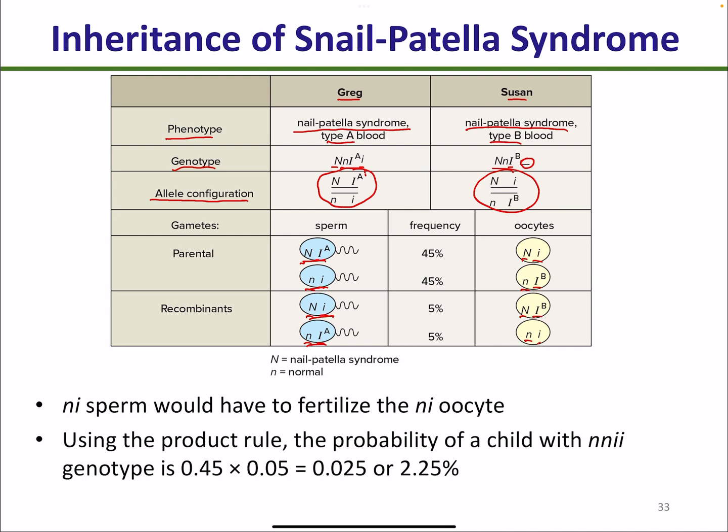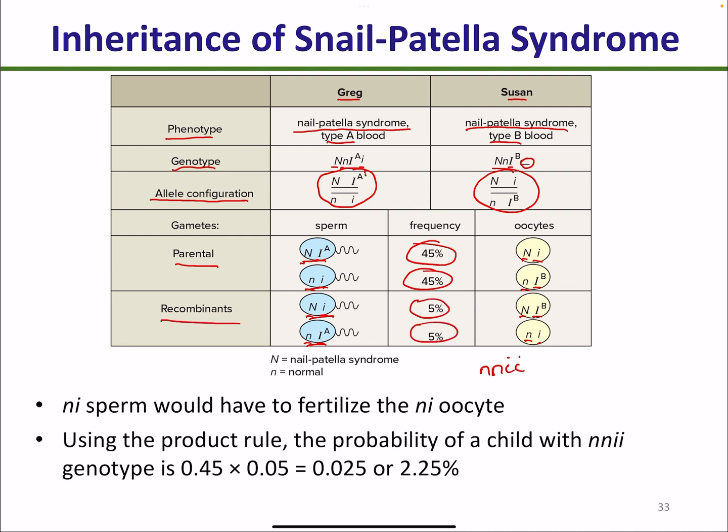Remember, we want the child to have normal nails, normal knees, but type O, right? In other words, we want the child to be lowercase n, lowercase n, lowercase i, lowercase i. What is the chance? So here are the frequencies for the parents: 45% here, 45% here. The recombinants, 5% here, 5% here.